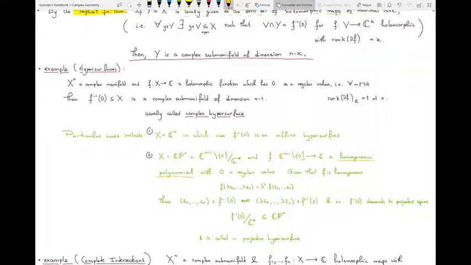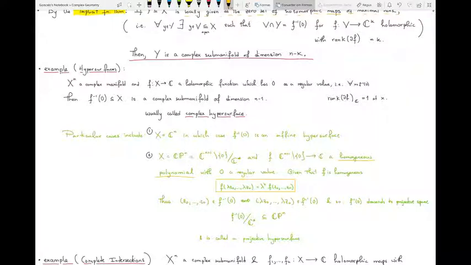Now, the condition that the zero set descends to CP^n is basically assured by the condition that we have picked our polynomial to be homogeneous. Because every time you pick an equivalent point in CP^n, a point in C^(n+1) minus 0 that goes to an equivalent point, the polynomial just scales by a power of that factor, where k is the degree of the polynomial.